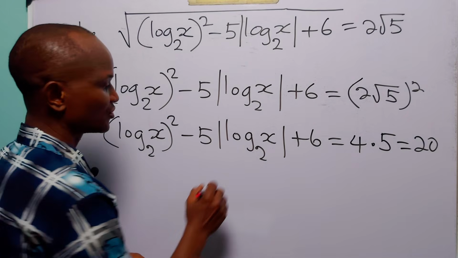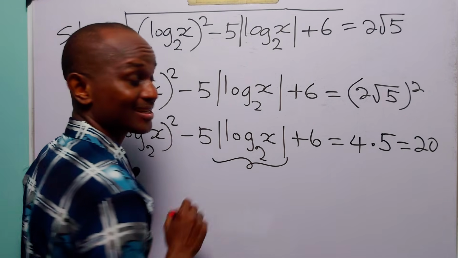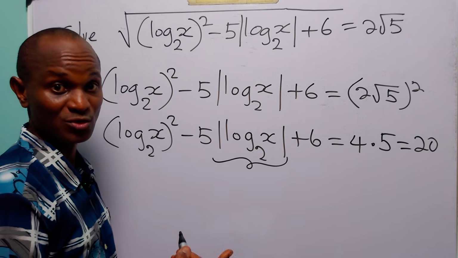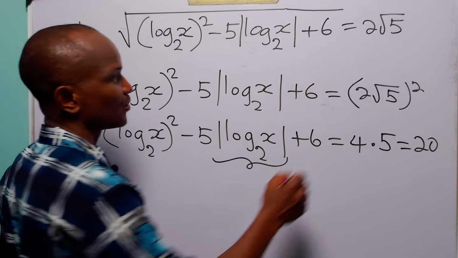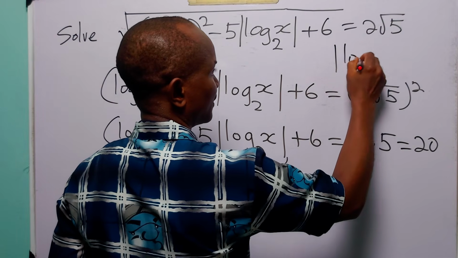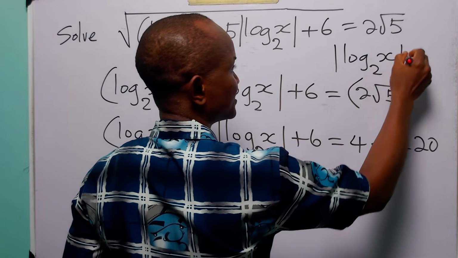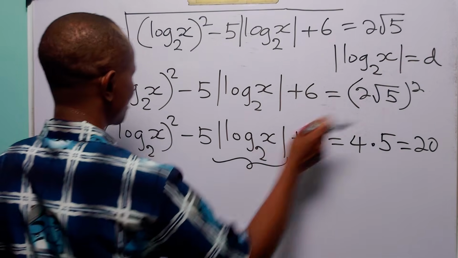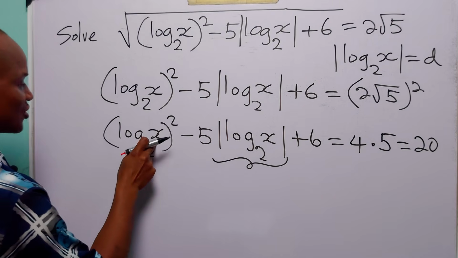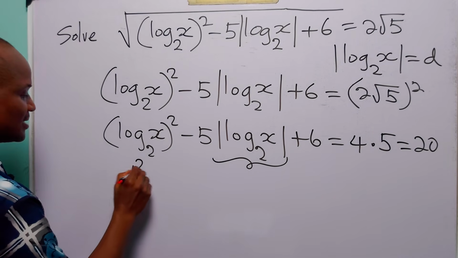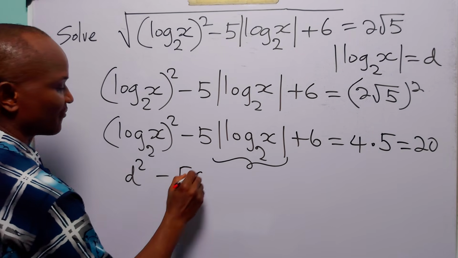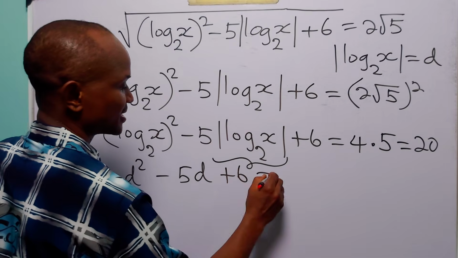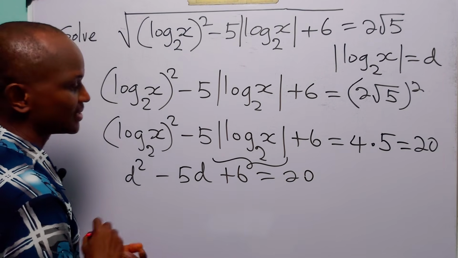Now, the next thing we are going to do is that we will call this quantity, the absolute value of log to base 2 of x, d. So this is going to be equal to d. With this substitution, we can now write this equation as d squared minus 5d plus 6 is equal to 20.